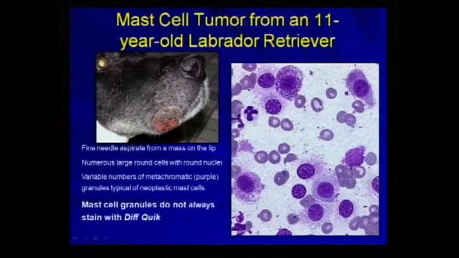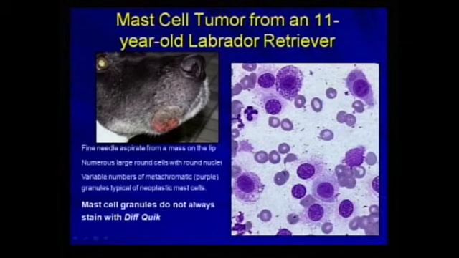Remember that mast cell tumors don't always stain properly with Diff-Quik, but they usually do. And the other thing that I notice is some of these cells have these empty holes. And this is what we see with degranulated mast cells.